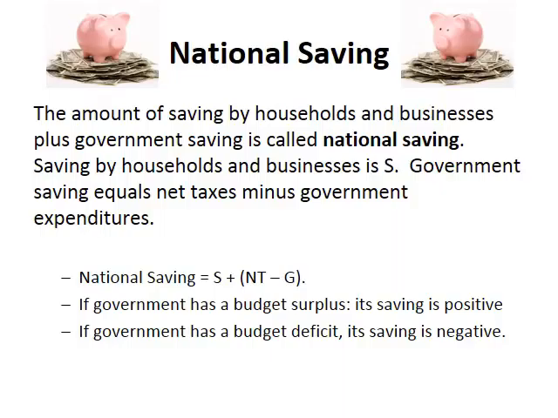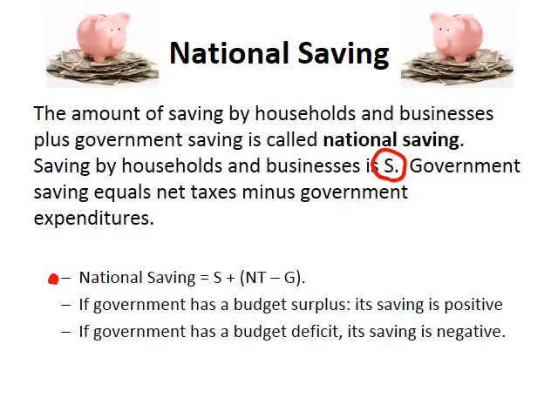So we're going to look at national savings. The amount of savings by households and businesses plus government saving is called national savings. So we've got three parties: households, businesses, and government, all of that summing to national saving. Savings by households and businesses is called S, and government savings equals net taxes minus government expenditure.